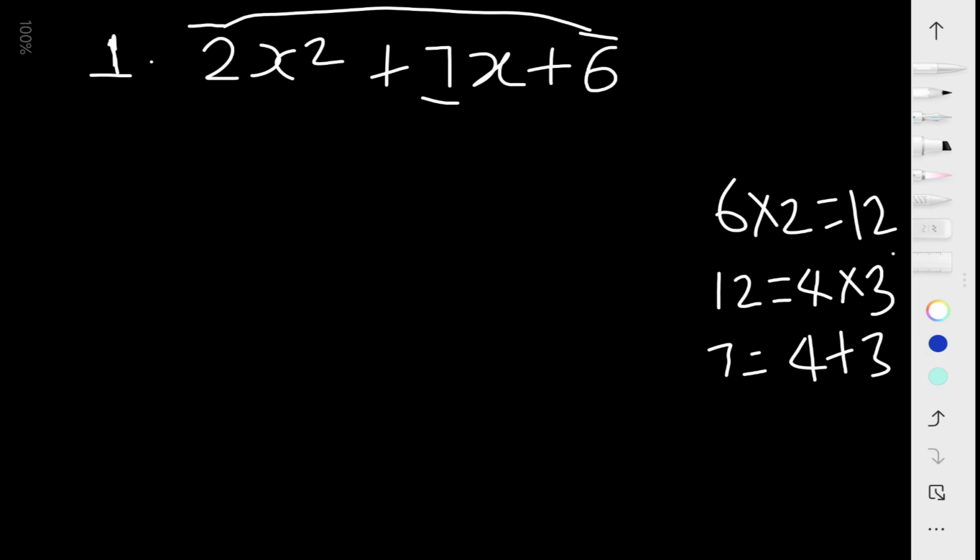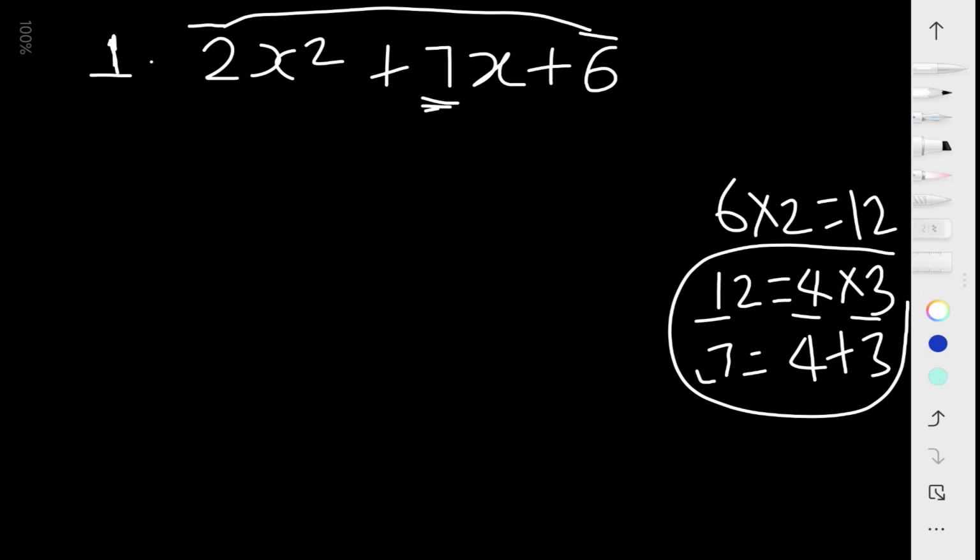So we can understand this one only, then we can get the solution simply. When you multiply, it should come 12, and when you add both, it should come 7, which is the middle coefficient.